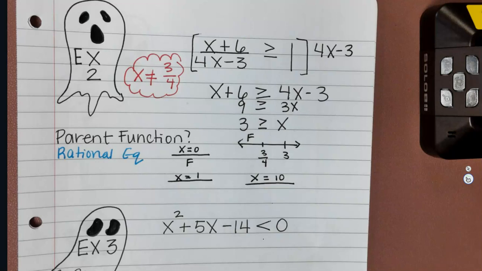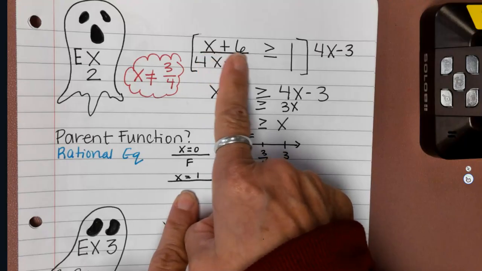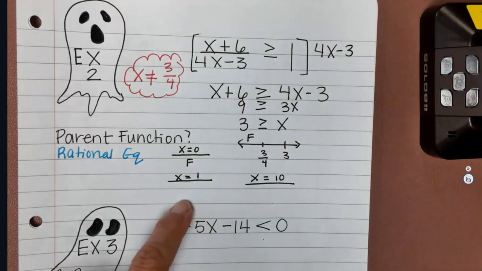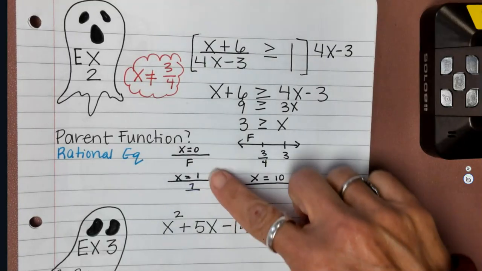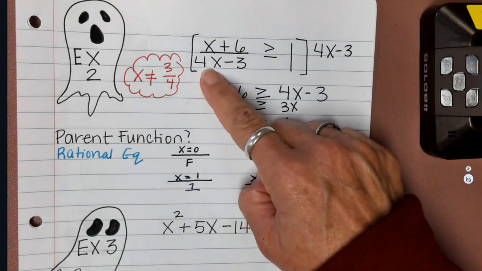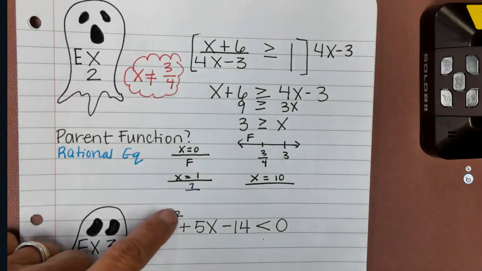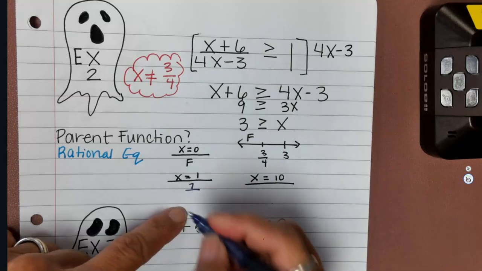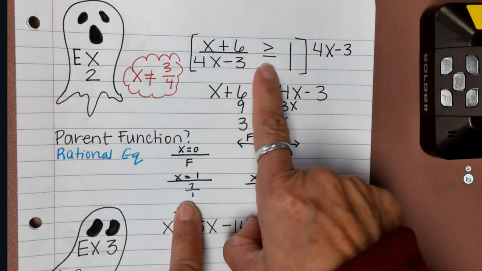Let's test in the middle. X equals 1. All right, so x is going to equal 1. 1 plus 6, that's a 7. I probably can't do all that in my head, so I'm going to write 7. And then 1 times 4 is 4, and 4 minus 3 is 1. So the denominator is 1. This is a whole number. Is 7 greater than or equal to 1?